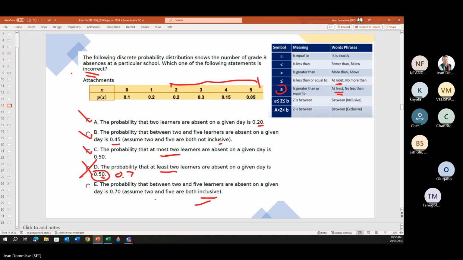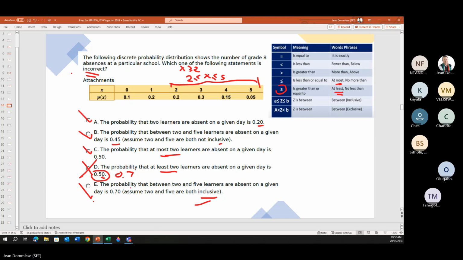Now you can see that is the same as what the probability of at least 2 would have been. So at least 2 would have given you that, between 2 and 5 would have given you the same one where it was inclusive.